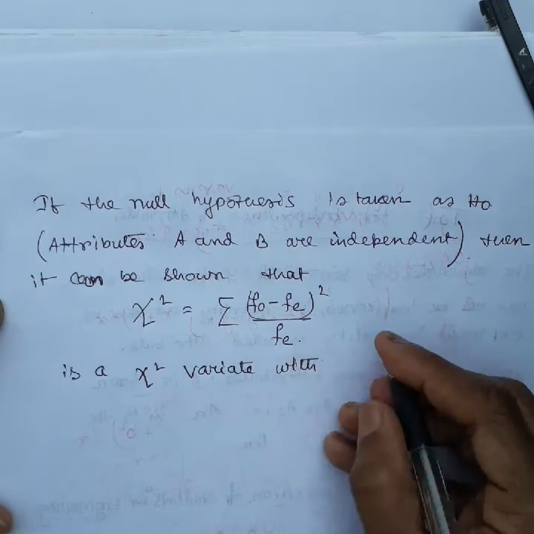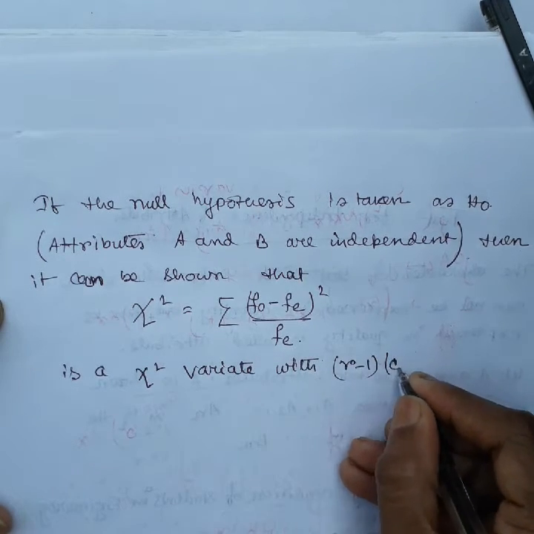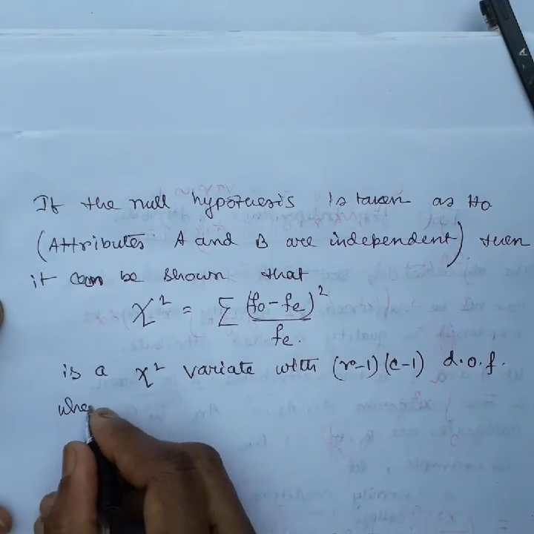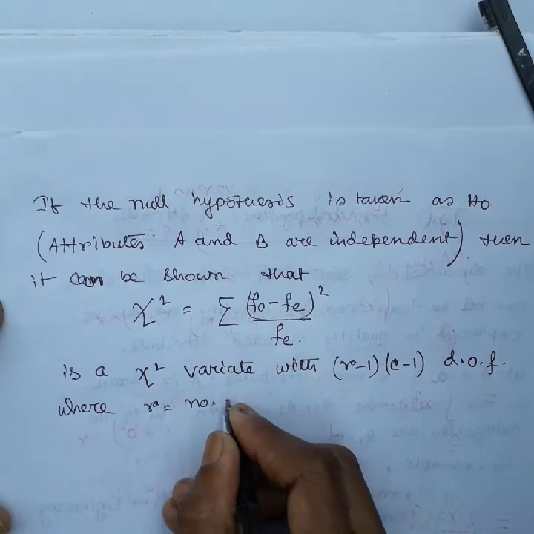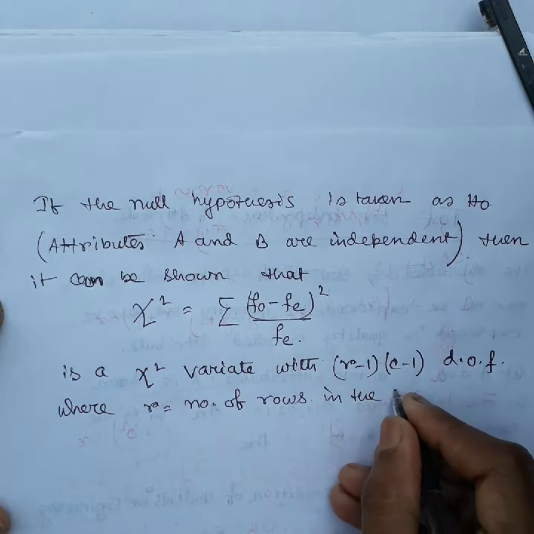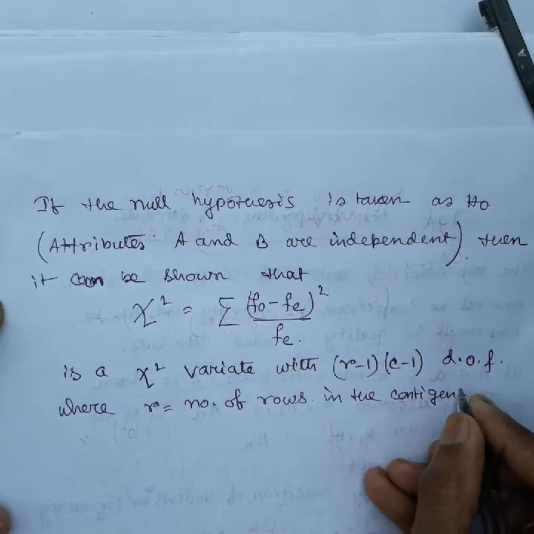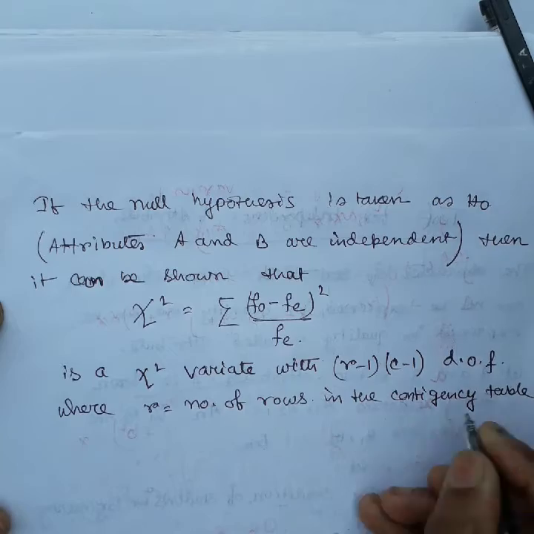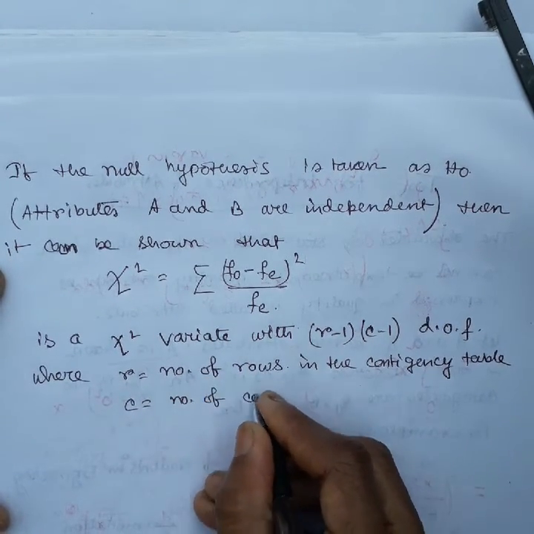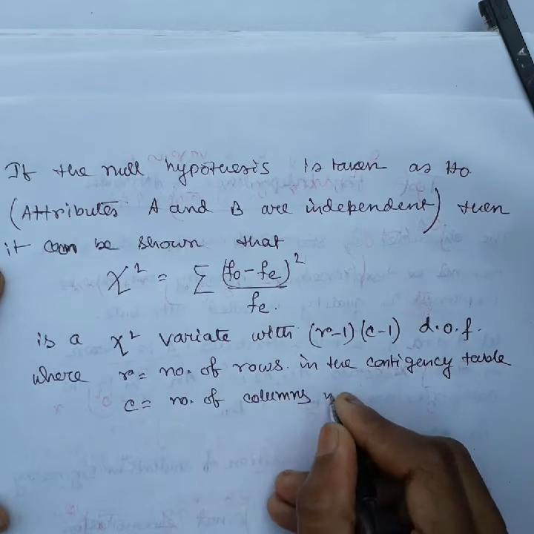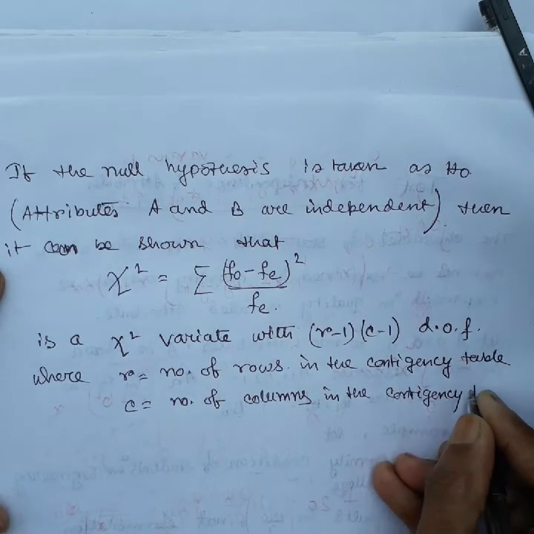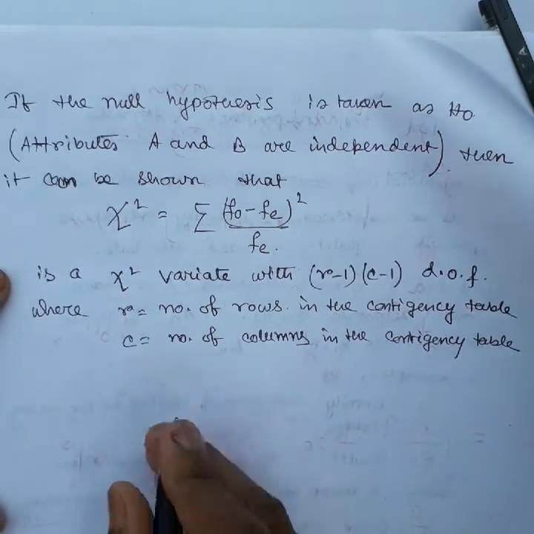with (R minus 1) into (C minus 1) degrees of freedom, where R is equal to the number of rows in the contingency table and C is equal to the number of columns in the contingency table.